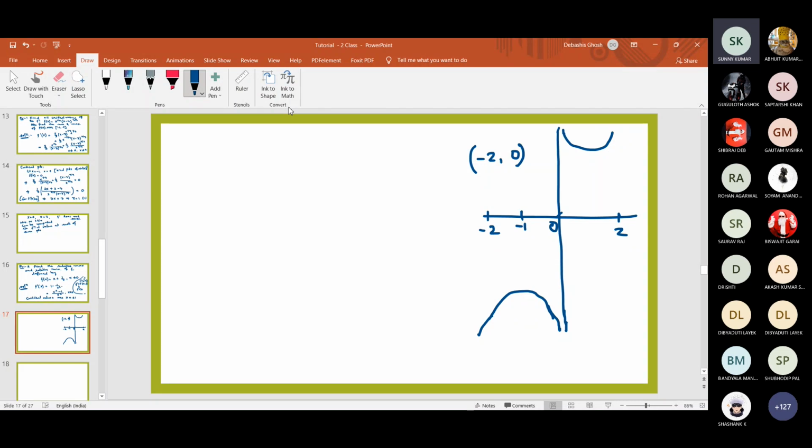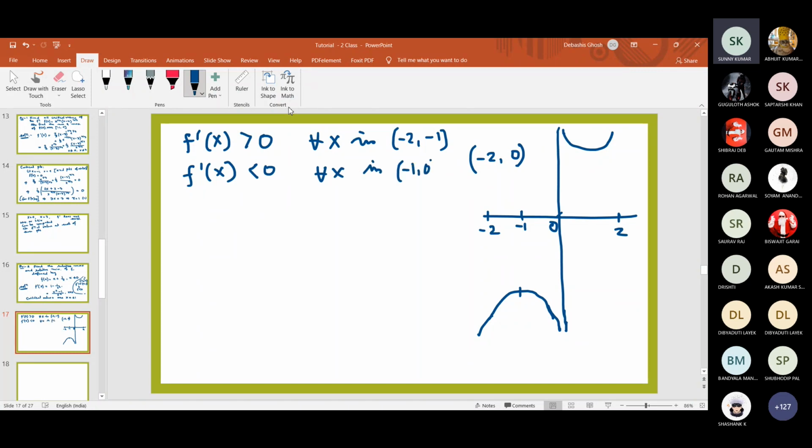So if you test f dash of x in between, you can find it to be positive for all x in minus 2 to minus 1. It is increasing up to minus 1. And f dash of x is negative for all x in minus 1 to 0. Okay, so therefore at f of minus 1, that is x equals minus 1, the function has its relative maximum.